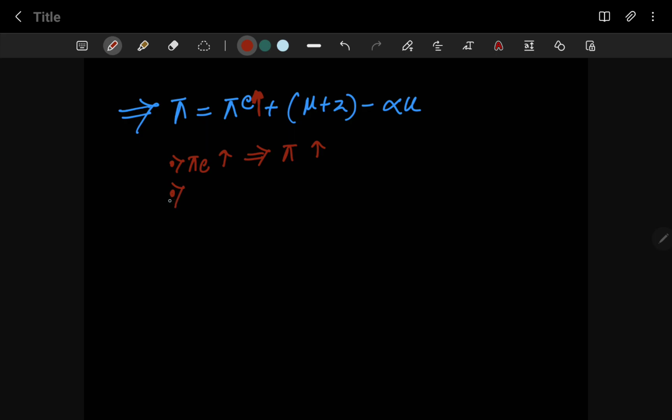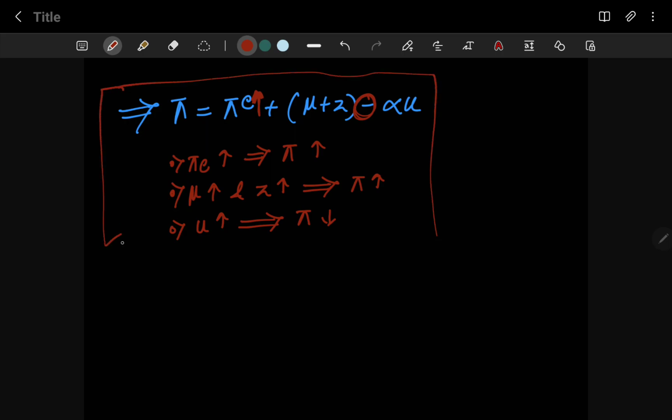If your mu increases and Z increases, keeping other factors constant, then again your inflation will increase. And if your U increases, then your inflation will decrease due to this negative relation, keeping other factors constant. This is the implication of this formula.